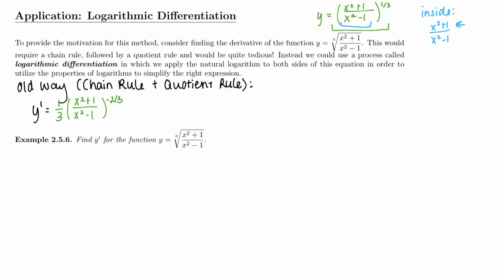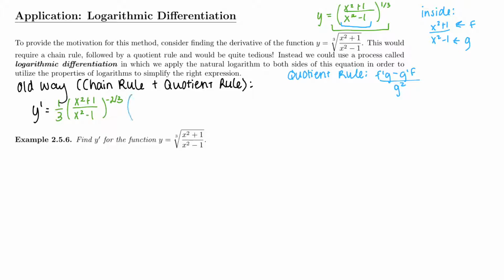That's going to be a quotient rule one. So we have f and g. For quotient rule, f prime g minus g prime f over g squared.